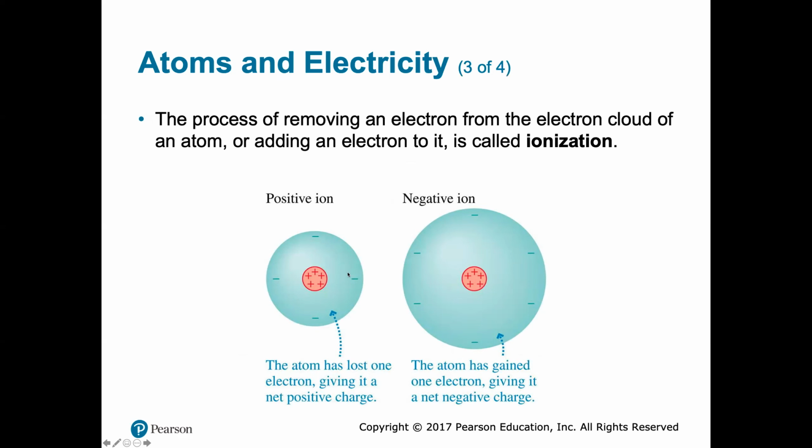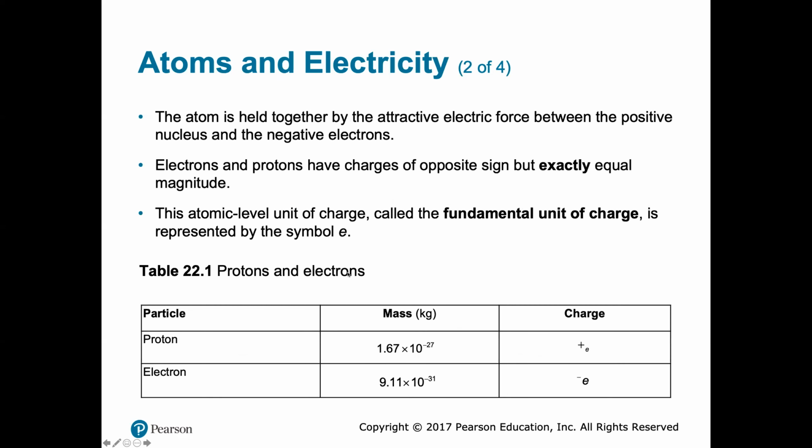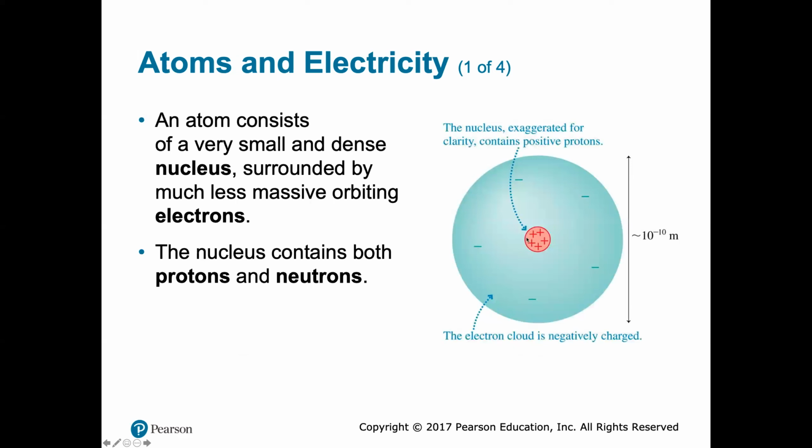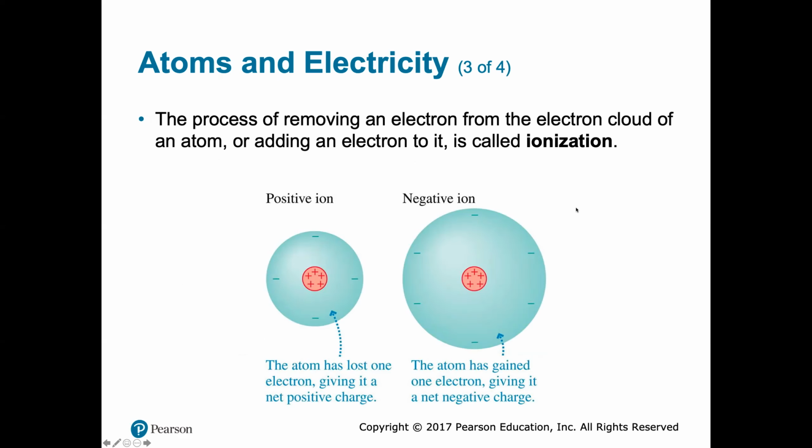For example, in the previous example, we saw one atom composed of 5 protons and 5 electrons. However, what happens if one electron is missing from the electron cloud? Now you will have 5 protons, but 4 electrons.